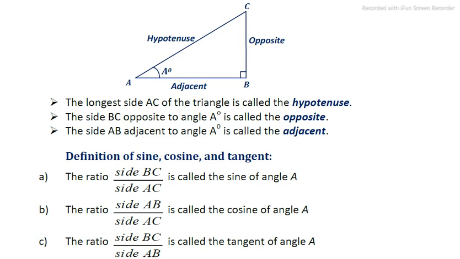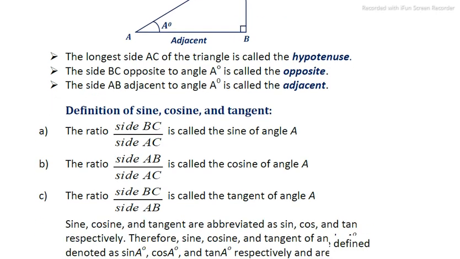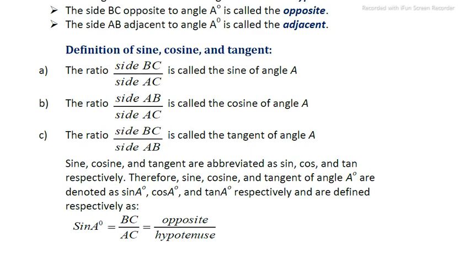To summarize this, we've seen sine A as opposite over hypotenuse. Cosine A is adjacent over hypotenuse, and tan A is opposite over adjacent. That is how we shall define those ratios in connection with our right-angled triangle.